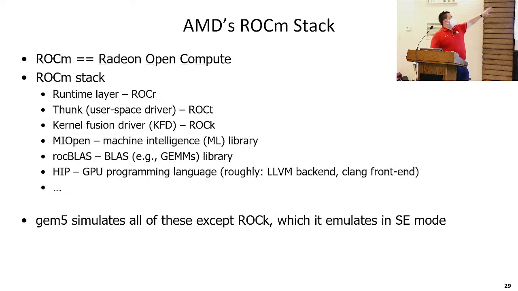But all those other levels, which are listed here, gem5 actually simulates faithfully. So it doesn't matter if it's statically or dynamically linked. I've never tried statically linking it. I'm trying to think why I'd want to do that. But because all of this is open source, it's not necessary to statically link it like sometimes you have to do with NVIDIA libraries to get that to happen. So does that address your question? Okay.